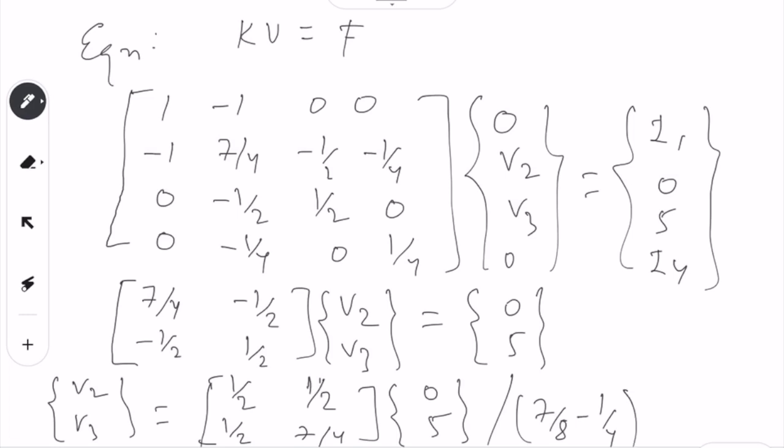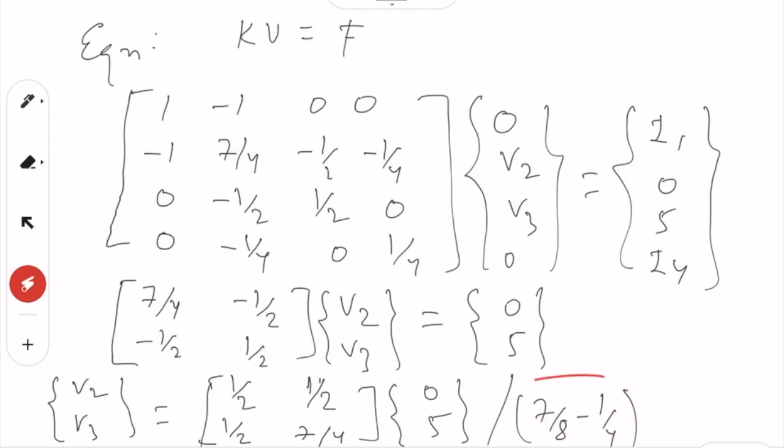So finally, what answer do we get? 0 multiplies with half, hence only the multiplication by 5 is useful for us. And what is the value here? This will be 7 minus 2 divided by 8, equal to 5 over 8.